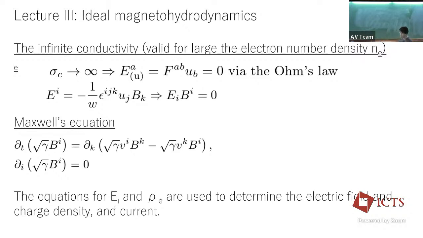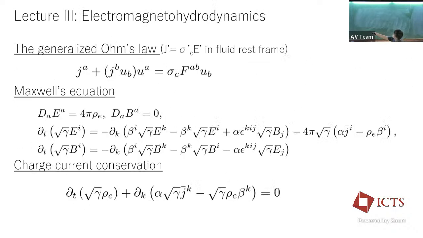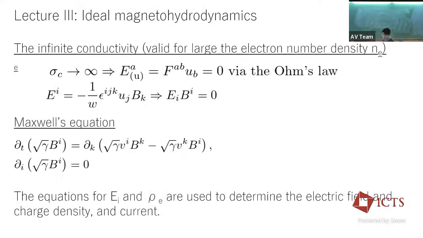In this case we call it ideal magnetohydrodynamics, because Ohm's law is described by the electric field measured in the fluid frame and the current measured in the fluid frame. If sigma c is infinite, to get a finite value of the current measured in the fluid frame, the electric field in the fluid frame should be zero, right? This is the ideal MHD equation.